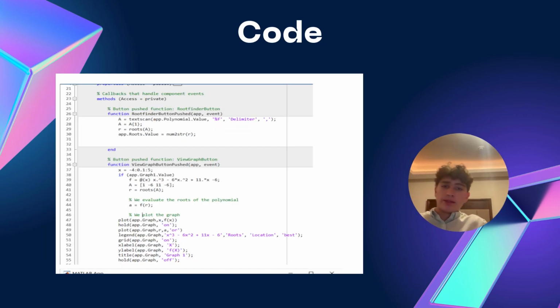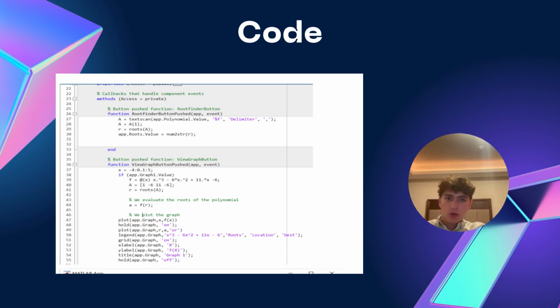Now we're going to analyze the code in the interface and how it works. Basically, it's divided into two parts: the root finder button function and the view graph button function. The root finder button function starts with the function root finder button push tab event, as we can see here, and this function is called when the root finder button is pressed. Then we have a = all that, which is for the polynomial coefficients entered by the user in the input field.